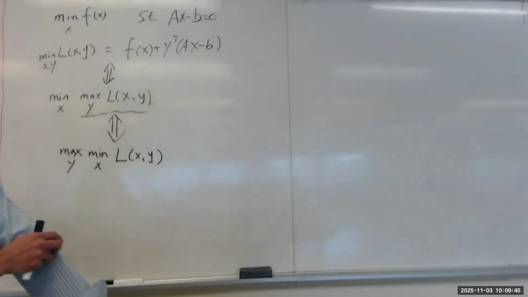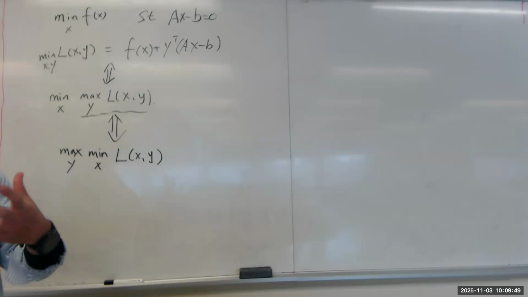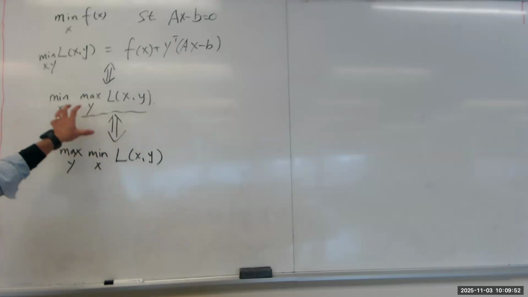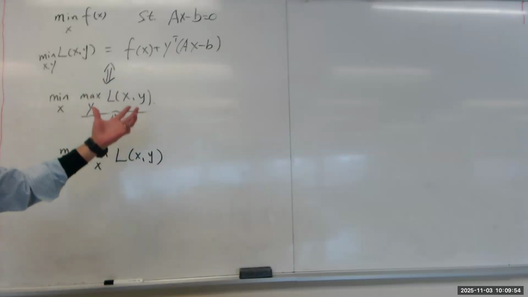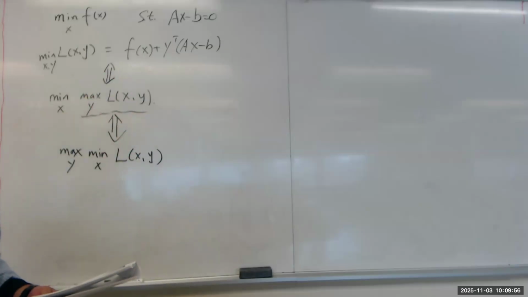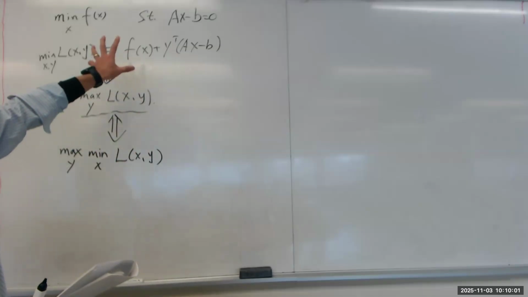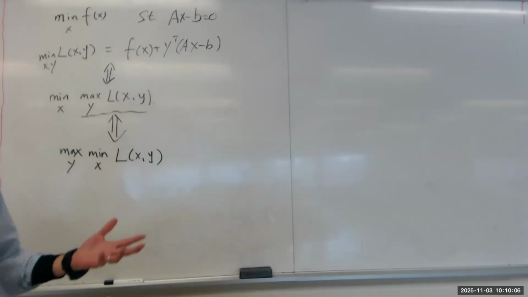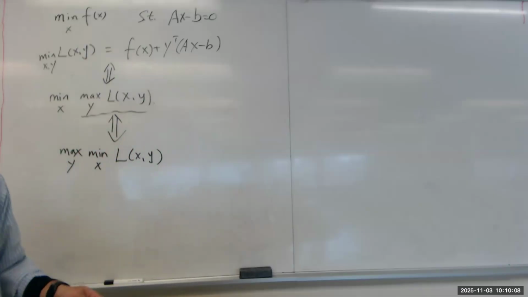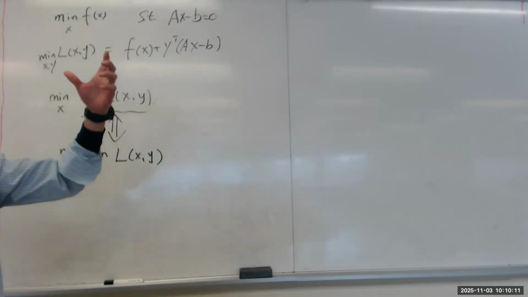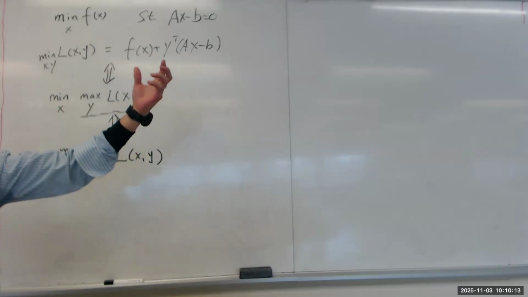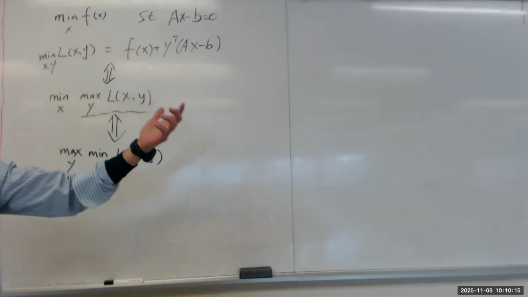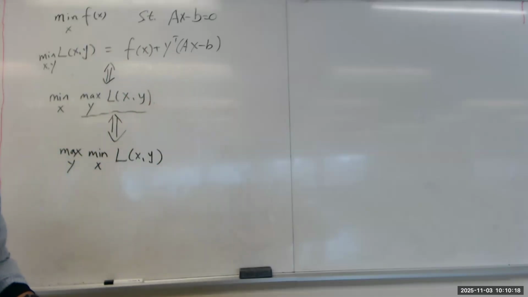What I'm going to show you is not a strict argument, but it gives you an idea why these two, minimax and max-min, are equivalent in our case. Since this is an equality constraint, but the argument I'm going to give is for the inequality constraint, the idea is the same. If you can follow the argument for the inequality constraint, the argument for the equality constraint is also there.